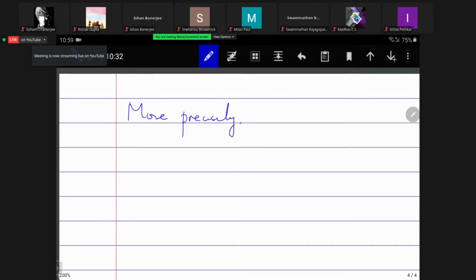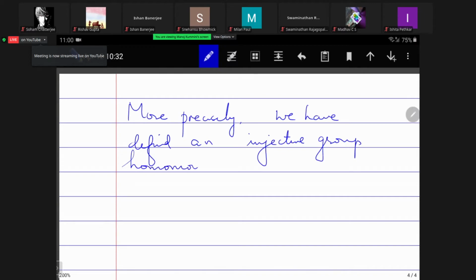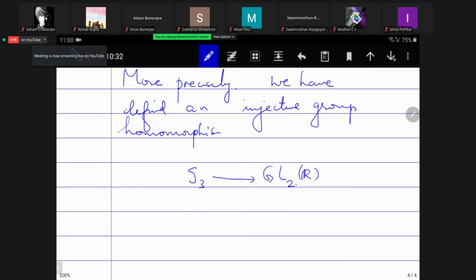Okay. So we have defined an injective group homomorphism from S3 to GL2 of R, in which the element 1, 2 goes to reflection about the y-axis.